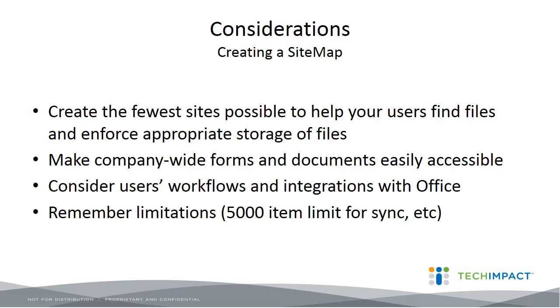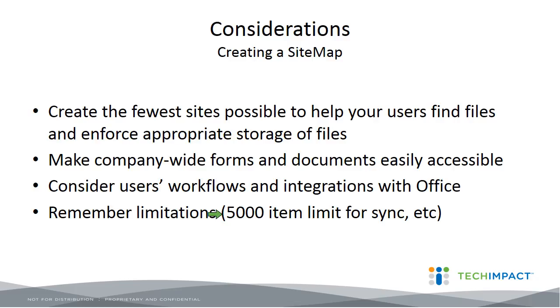And then remember limitations. So one important limitation is 5,000 items per document collection that you want to sync with your local computer. So I showed you OneDrive. I showed you that client that can synchronize files with your local computer. You can use that same client to synchronize files that are in SharePoint, in the shared portion of SharePoint, but only if there's fewer than 5,000 documents in a given document app.